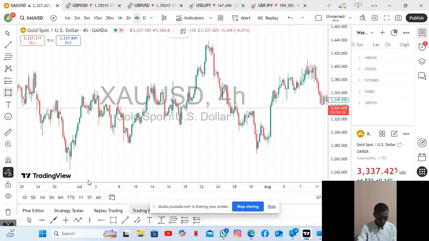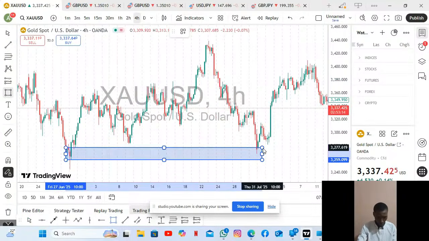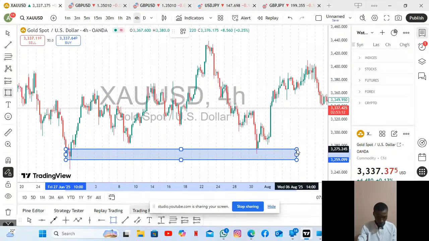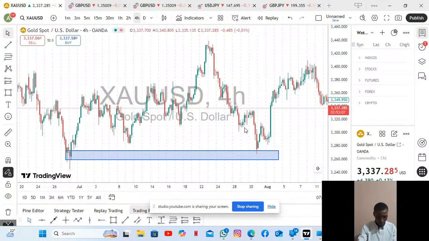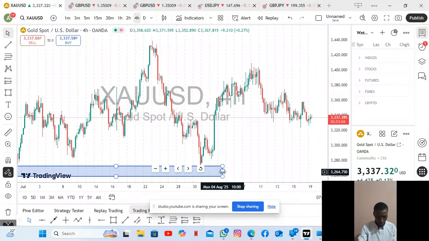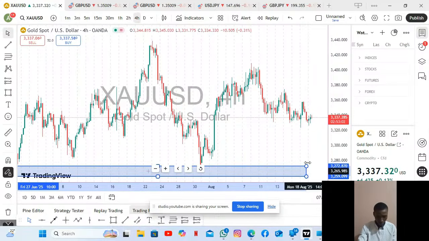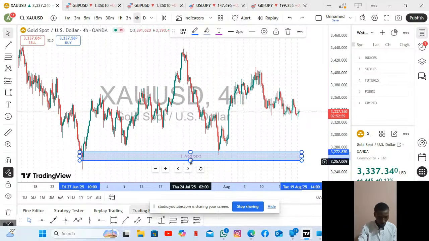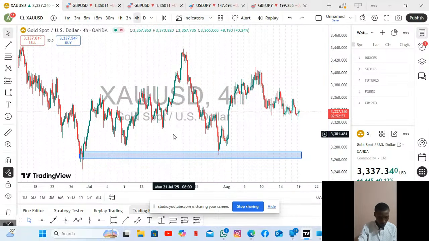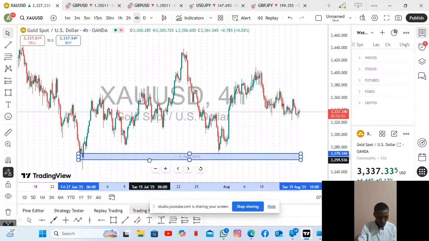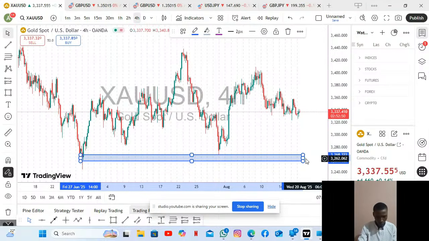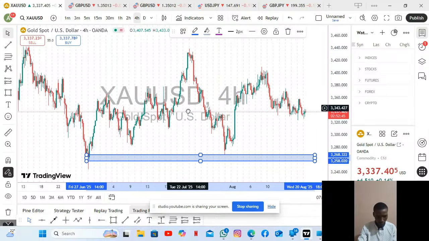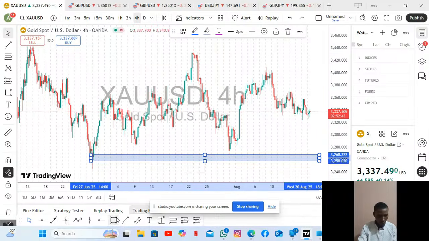And what you can clearly see is that gold has been about this support zone. I think we talked about it last week. Support zone.